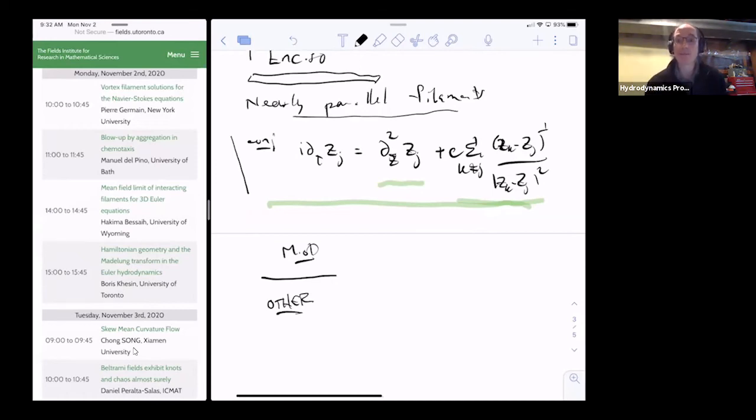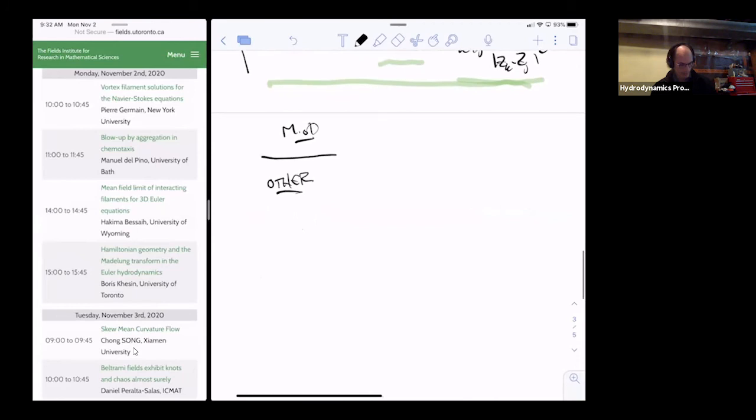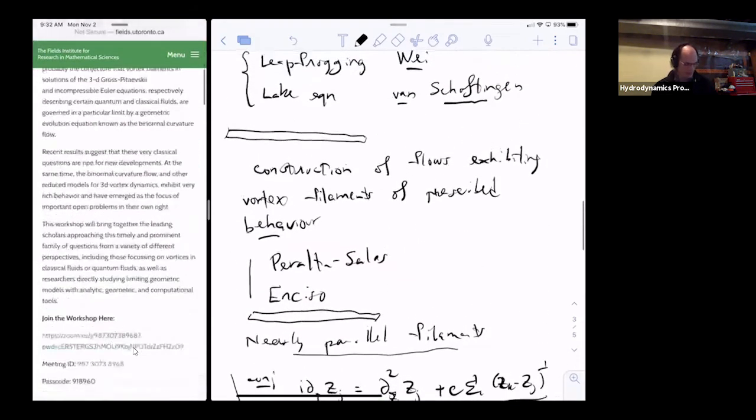So that's a rough preview. Let's see. Are there any questions about anything? And so as to which talks will be accessible, it's a bit hard to say.